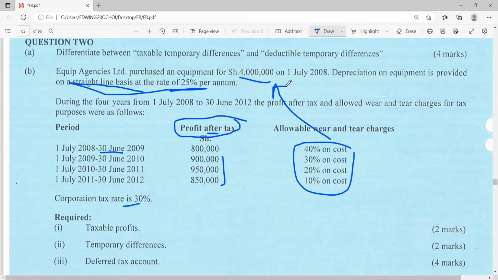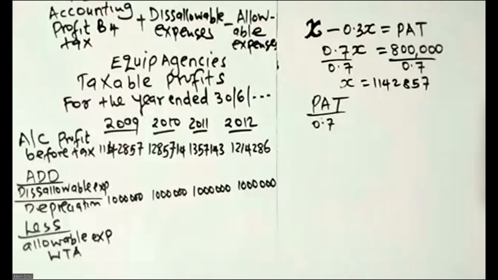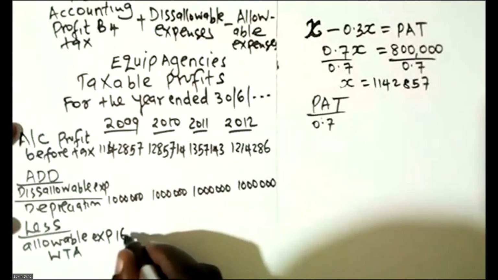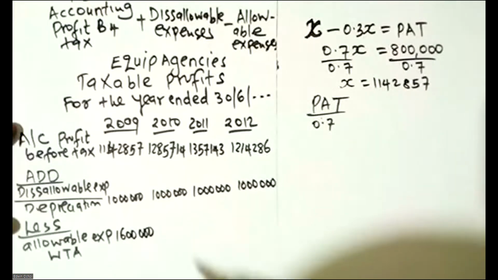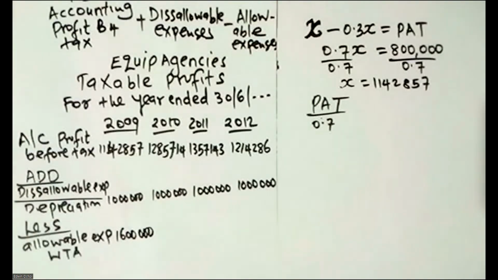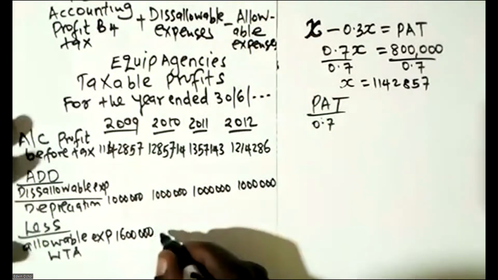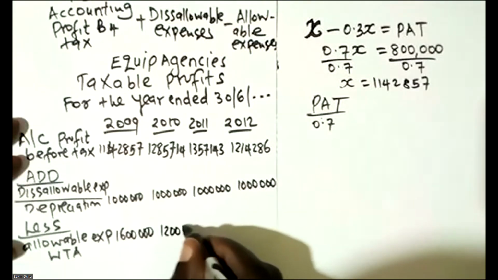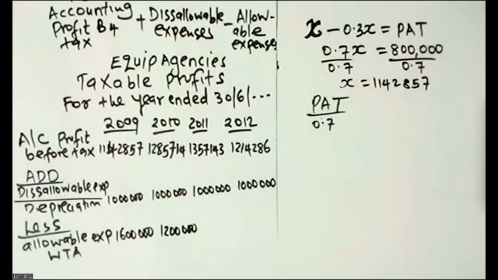So that is 1.6. Then the second one is 30. The third one is 20. The last one is 10. So the first one is 1.6. So if we take 4 million times 30%, 1.2. Then we have 2, that is 20%.